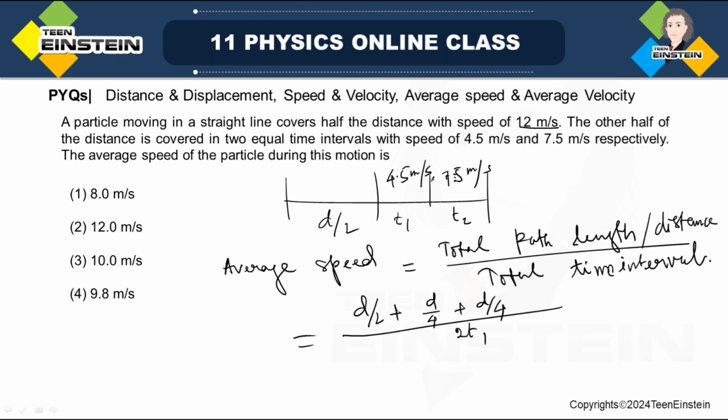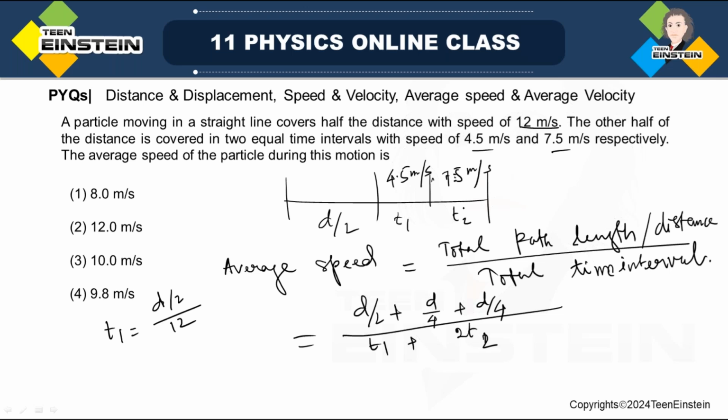And here I have to find out what is the time. So this is 2t2 say, and this is t1. So t1 is actually the half of the distance, d by 2 by v, with v being 12 meter per second. So I can actually use this here.